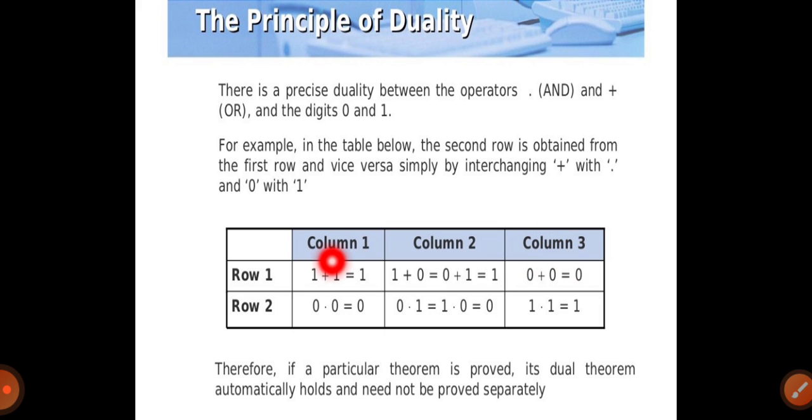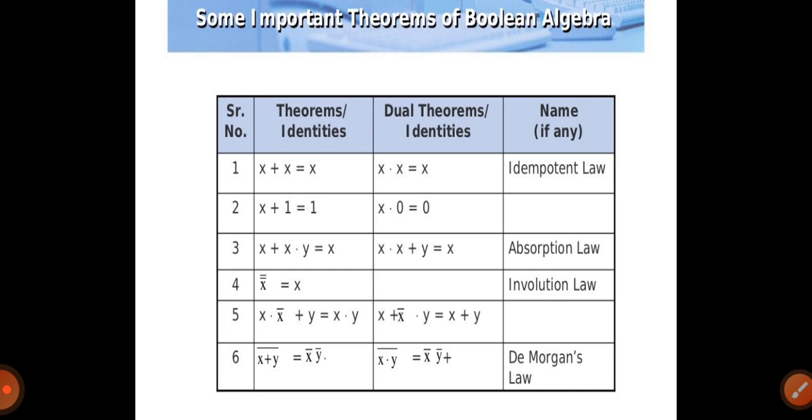In the AND operations, 0 into 0 is 0, 0 into 1 and 1 into 0 equal 0, 1 into 1 equals 1. This is the AND operation, right? Therefore, the particular theorems provide the dual theorem, which automatically holds and need not be proved separately.